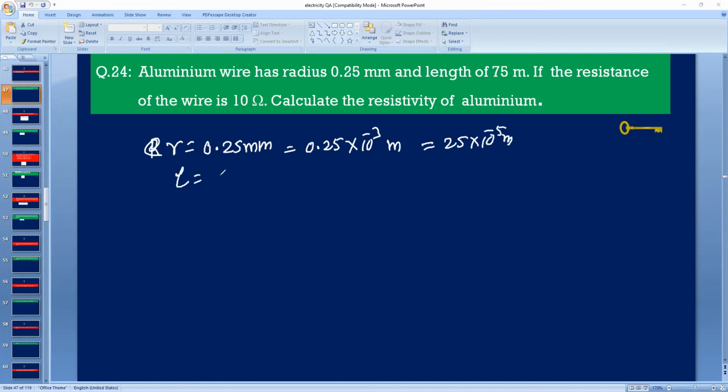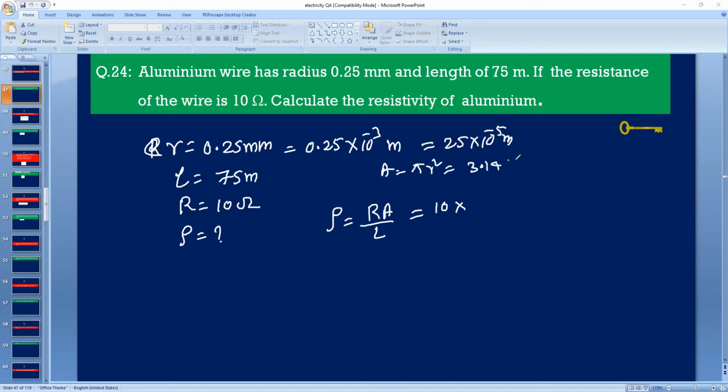The length of the aluminum wire is 75 meters. If the resistance is 10 ohms, resistivity value how much? Rho is equal to RA by L. So 10 ohms into, here A value pi R square, which is 3.14 into 25 into 10 power of minus 5 whole square.